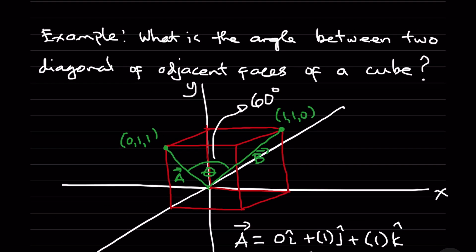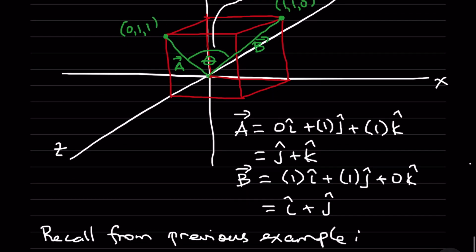So we see that the angle between these two diagonals is equal to 60 degrees.